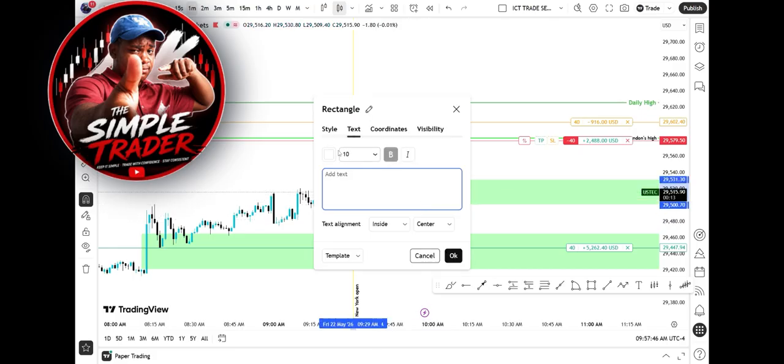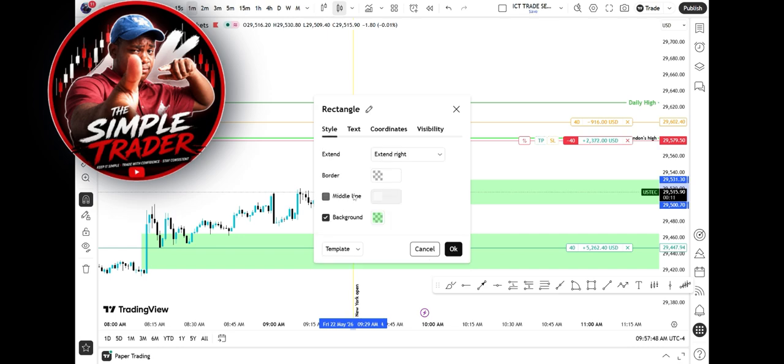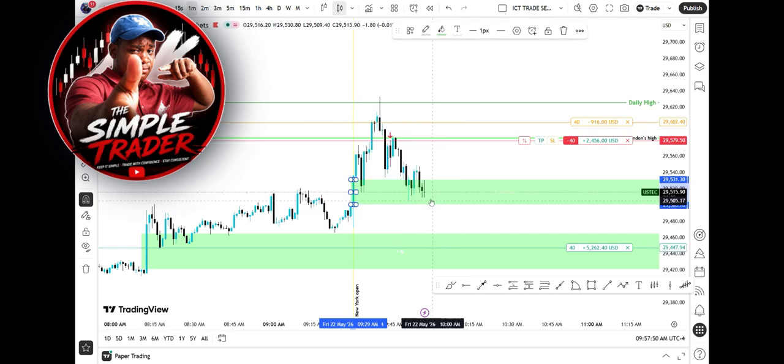So what we want to see happen is the market break and close below here. Once that happens, it'll be safe to put the stops back to break even and allow it to run to the intended target.